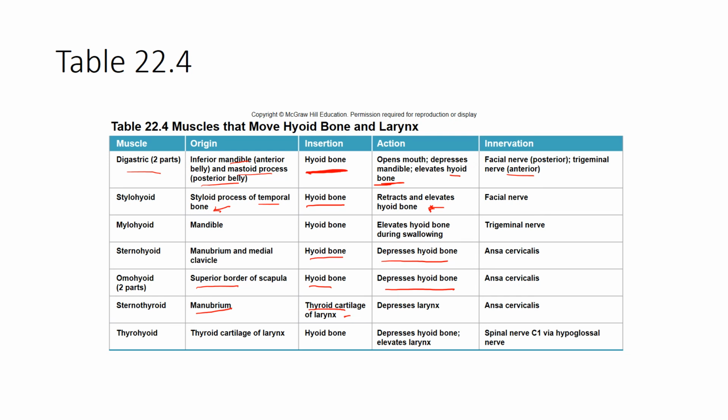So the sternothyroid muscle comes from the sternum, but the insertion will be the thyroid cartilage of the larynx. So it's easy to remember, thyroid cartilage of larynx. That's it. All the other insertions will be the hyoid bone. See, you can always do the crossover like this. Thyrohyoid, origin thyroid cartilage of larynx, and insertion will be the hyoid bone. Muscle action will be depresses hyoid bone, elevates larynx.